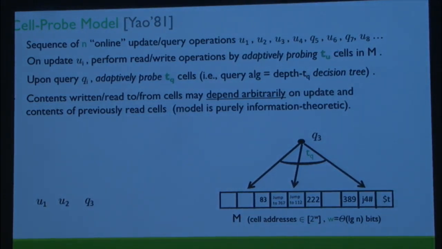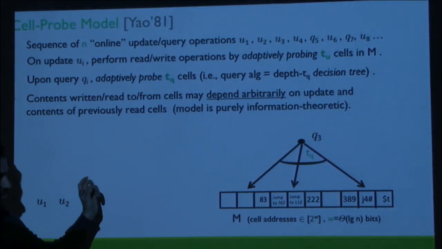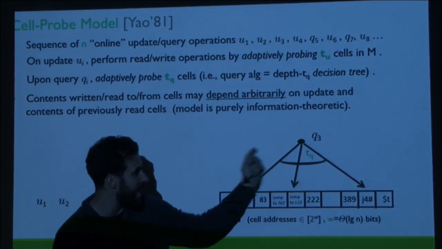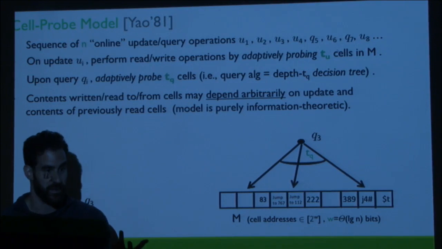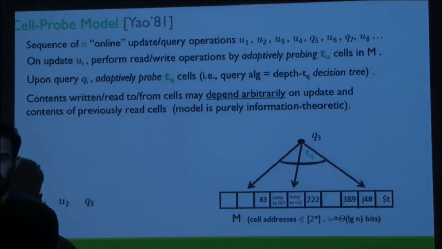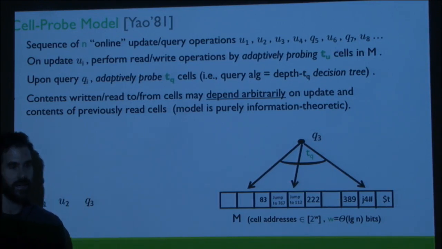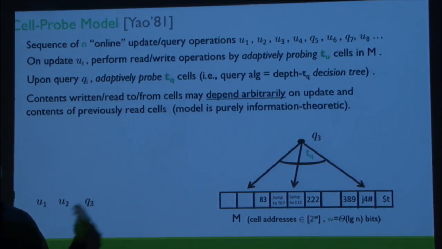Again, I want to emphasize that the crucial feature of this model is that it's a non-uniform model of computation. What you choose to do with those cells, or for example the address of the fifth query, conditioned on the information you got from the first four, is a completely arbitrary function. You can choose to do whatever you want. That means that the performance here is completely independent of the set of operations you're using offline.